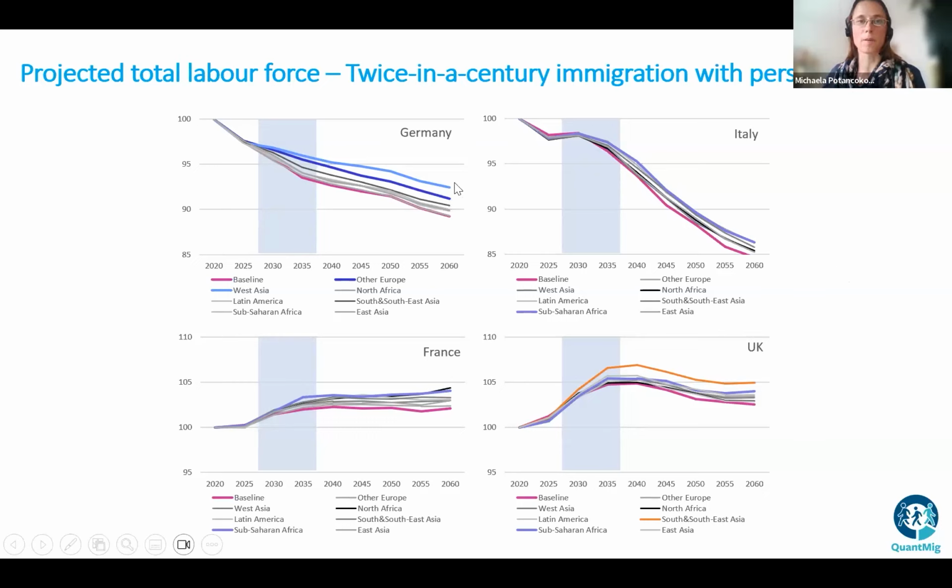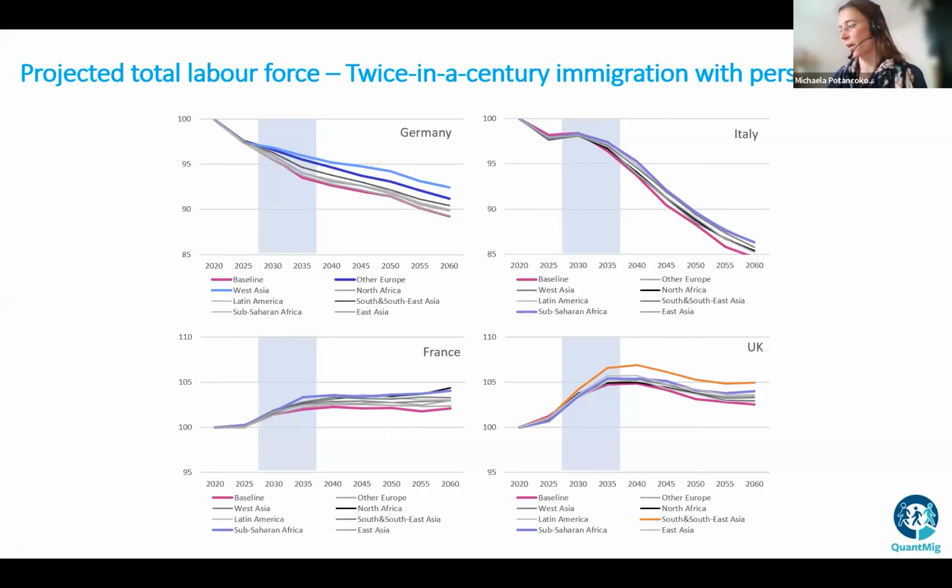But we get these more significant impacts only if this high immigration event happens in West Asia and in other Europe, because it is very likely migrants from these regions would be destined a lot to Germany, but we don't get the same impacts of that scenario, for example, for Italy or for France, where again, I show these lines in gray because the differences to baseline are simply very small.